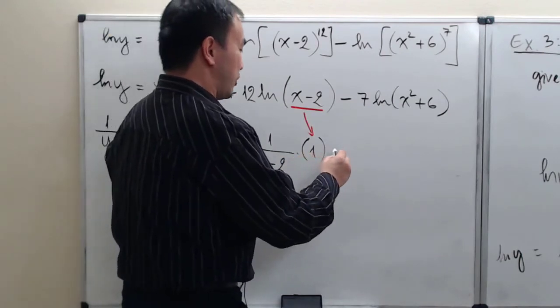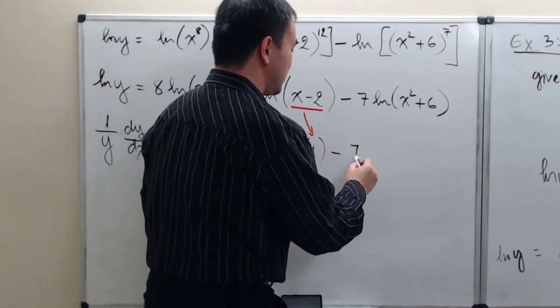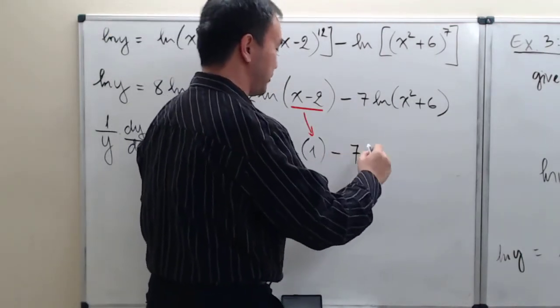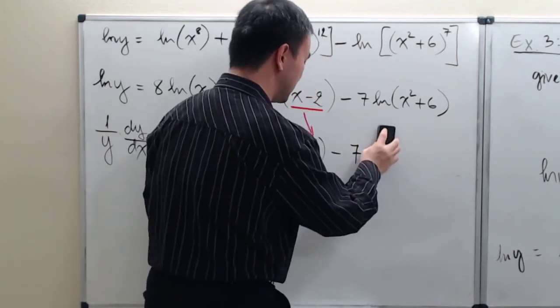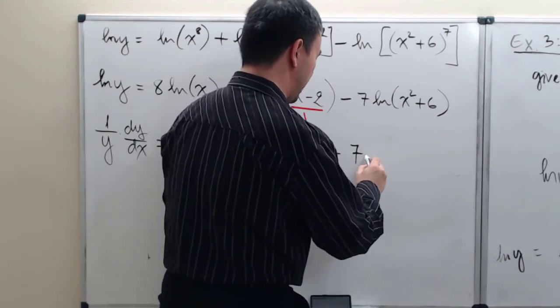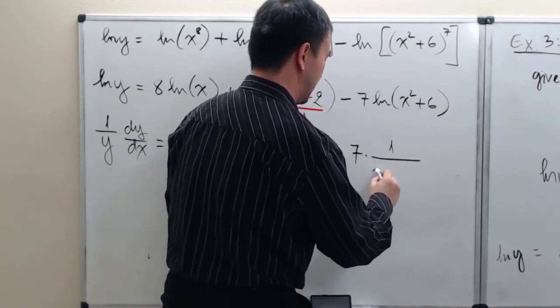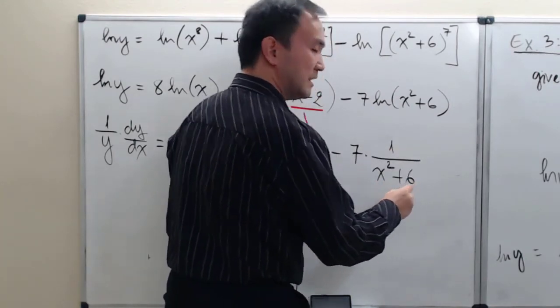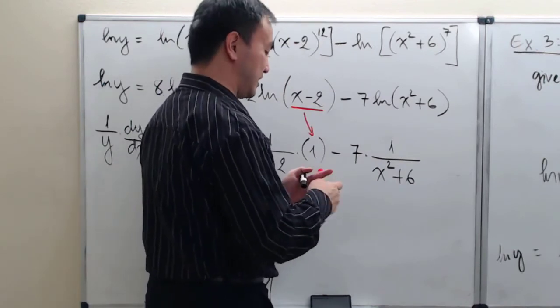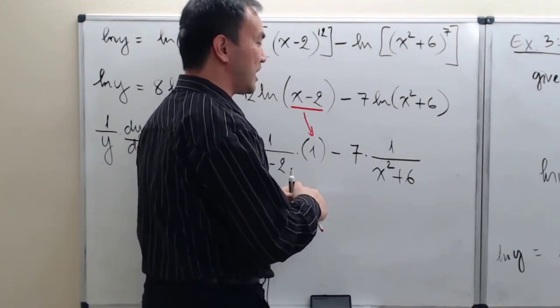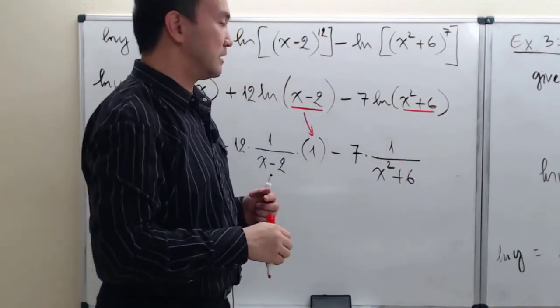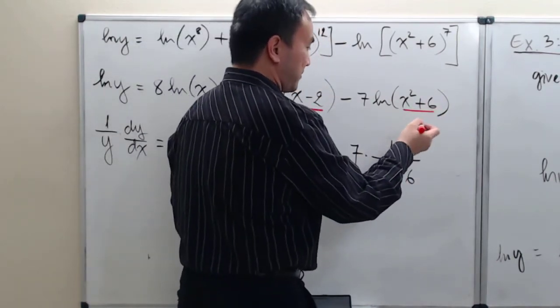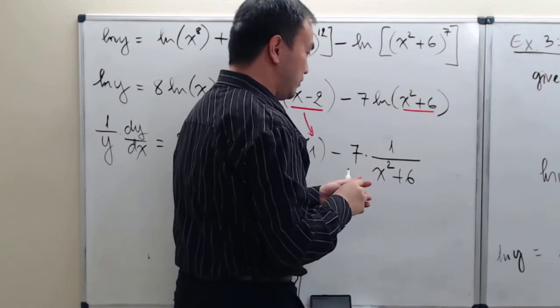I am going to subtract further. And now 7 as a constant coefficient. I am going to take the derivative of natural log, which gives me 1 over x squared plus 6. But then the chain rule again says, because inside of our logarithm function there's an expression other than the simple x variable, we need to take the derivative.